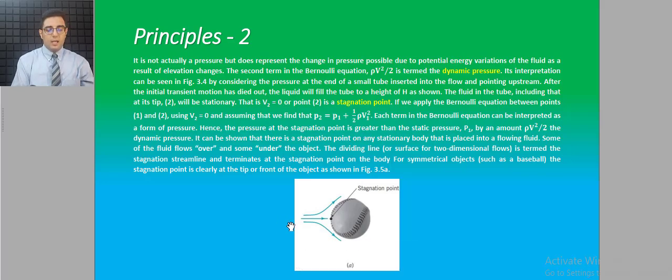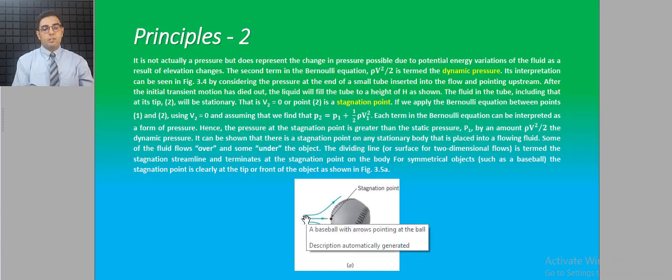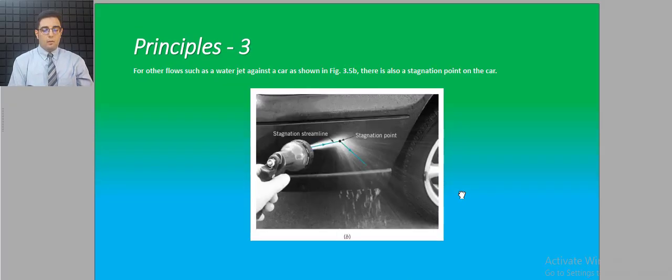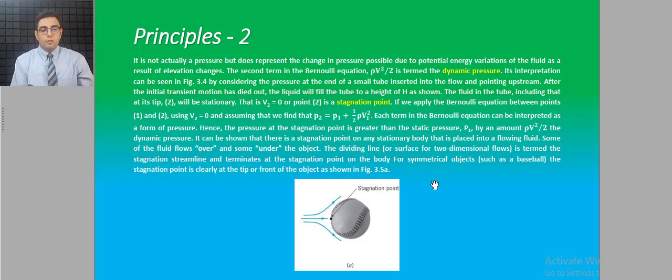So as you've seen here for the baseball, the stagnation point is happening at the front side as long as the streamline is heading to the front. As long as it's symmetric, it does not matter how we consider the stagnation point. The circular baseball is symmetric, so as it's confronting the streamline at the front side, we can regard the stagnation point as happening in the front side.